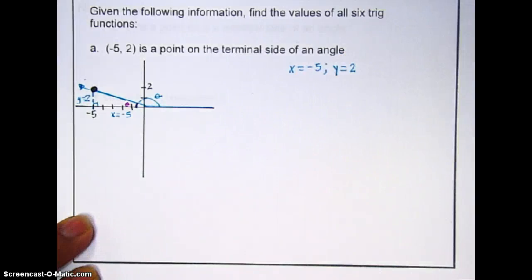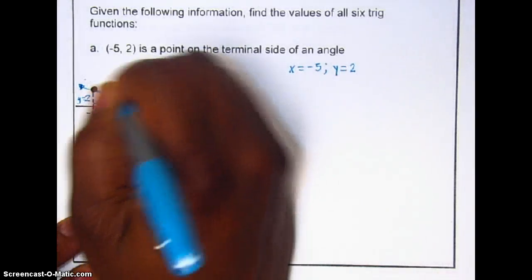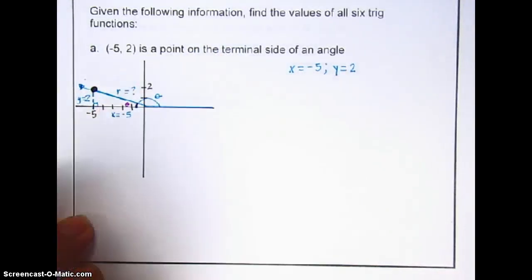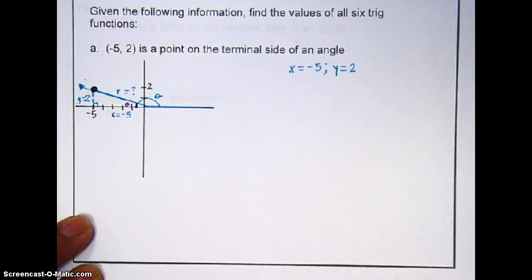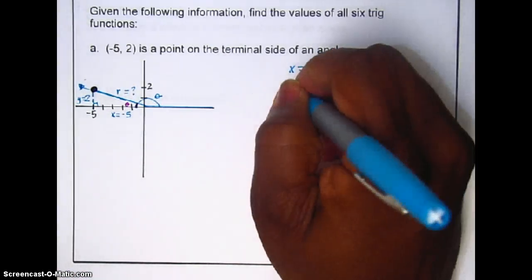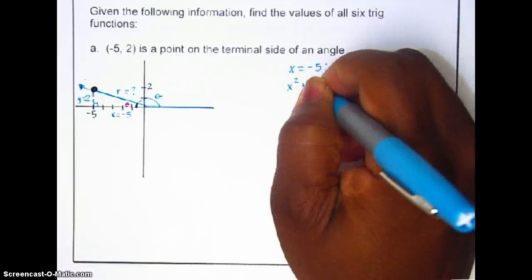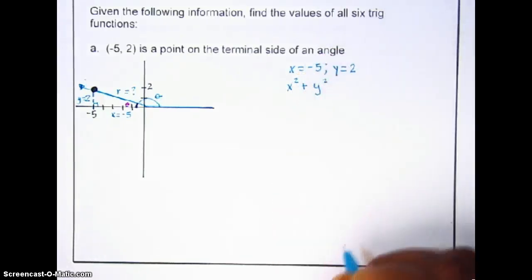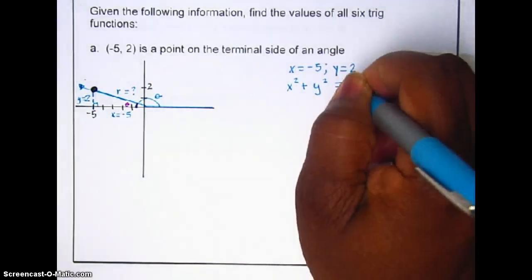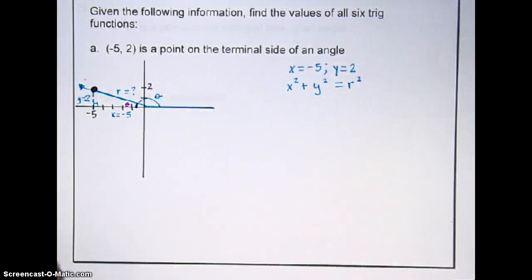The only other information I need to help find the 6 trig function values is the measurement of r, which, if this was a circle, is the measurement of that circle's radius. Well, because this is a right triangle, I can use Pythagorean theorem. In using Pythagorean theorem, I know that leg squared, which is x squared, plus the other leg squared, which is y squared, equals the radius squared, which is the hypotenuse squared.